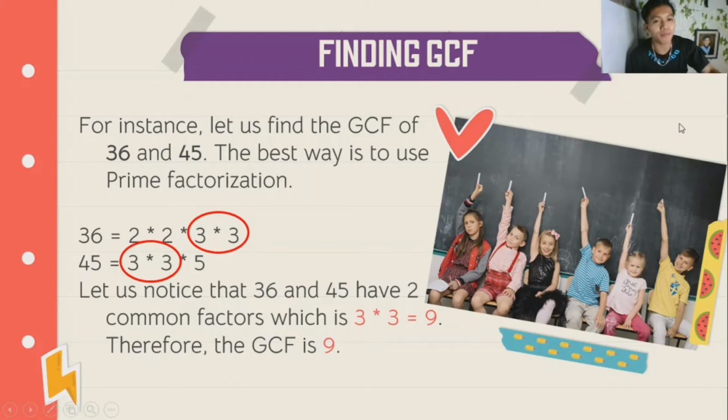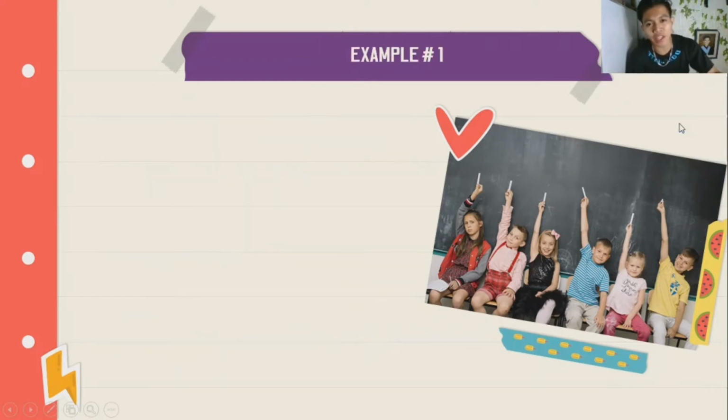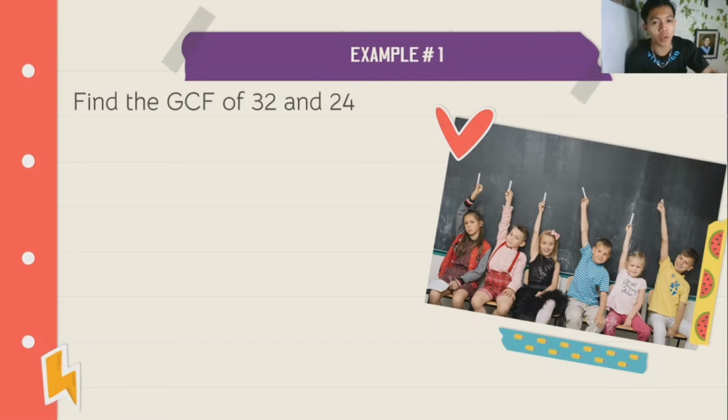Okay? So, let's try this in example number 1. Find the GCF of 32 and 24, no? So, unahin natin si 32. Ano-ano ba yung prime factors ng 32? 2 times 2 times 2 times 2 times 2. Check natin. 2 times 2, 4. Times 2, 8. Times 2, 16.